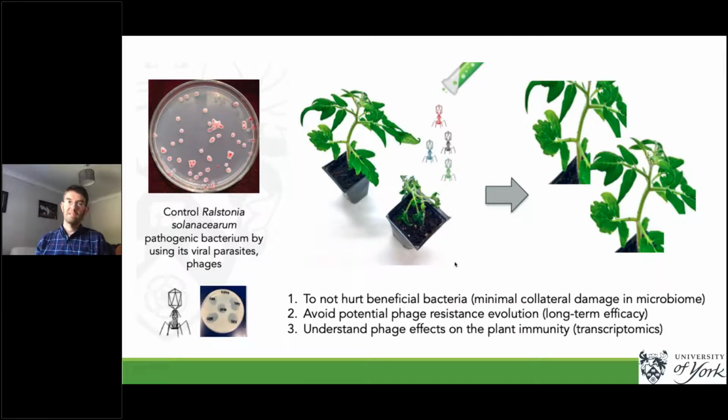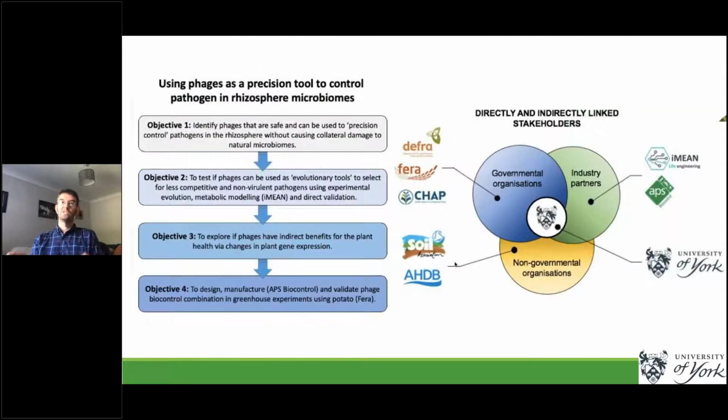So they're going to extend this analysis, obviously understand how it works specifically, make sure that the phages do not have any effect on beneficial bacteria, and look at the evolutionary relationship between the phage and the bacteria to see if the phage can induce a less virulent form of the bacteria to grow. And not only are they looking at the biology, but they're also looking to extend this.